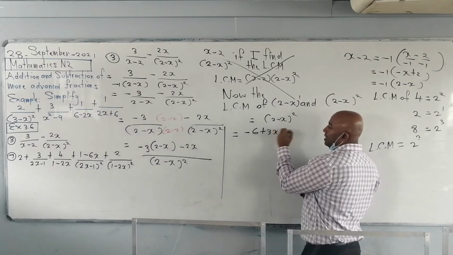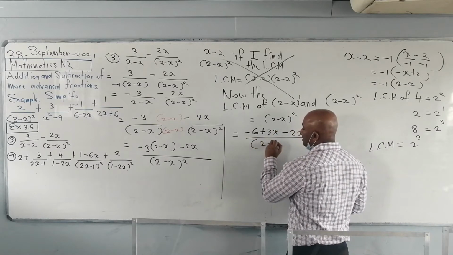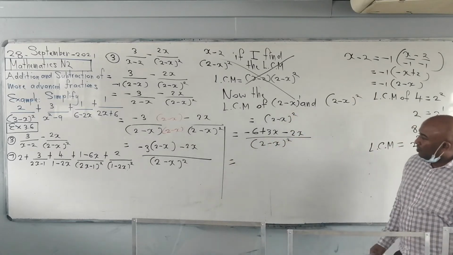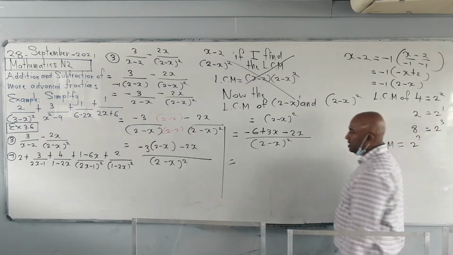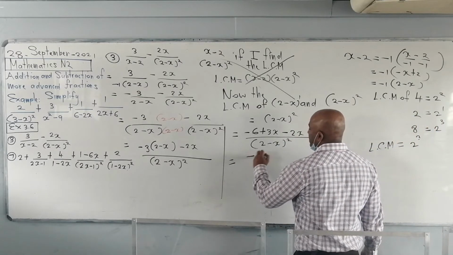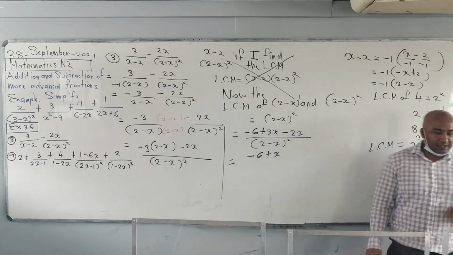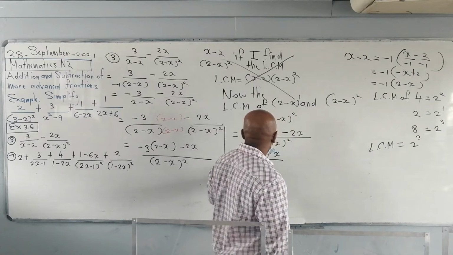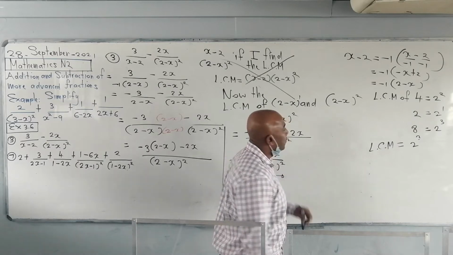And then we got minus 2x all divided by 2 minus x all squared. And now we can just work this out here. 3x minus 2x. So that will be just minus 6 plus x. 3x minus 2x is just 1x. Okay, so that's x minus 6 all divided by 2 minus x all squared.